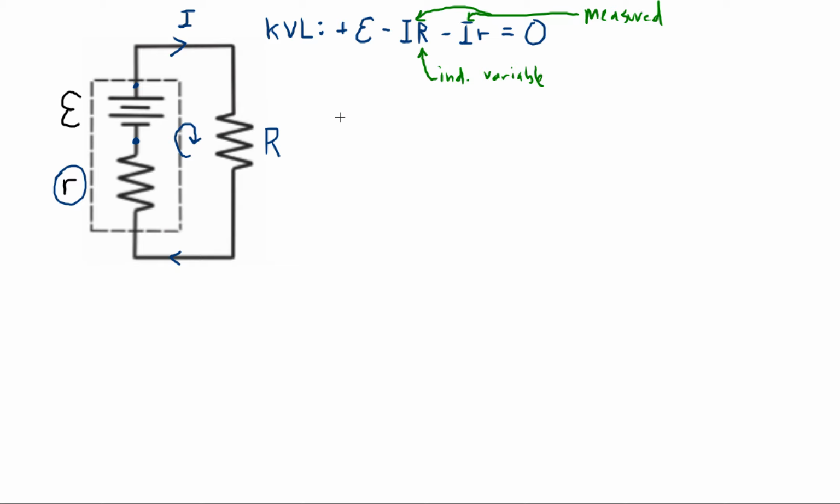So let's go through and talk about linear plots. A linear plot has an equation y equals mx plus b, where m is the slope and b is the y-intercept.